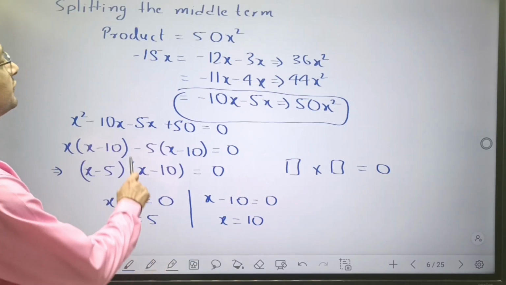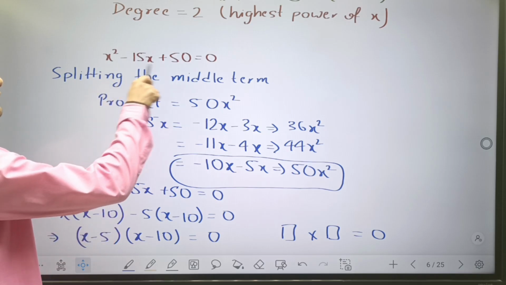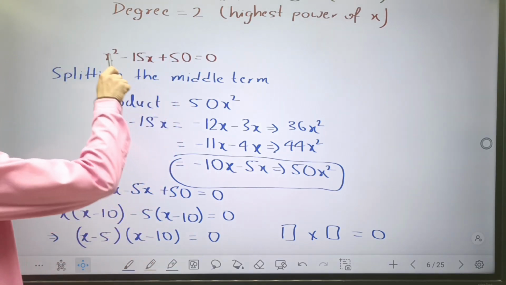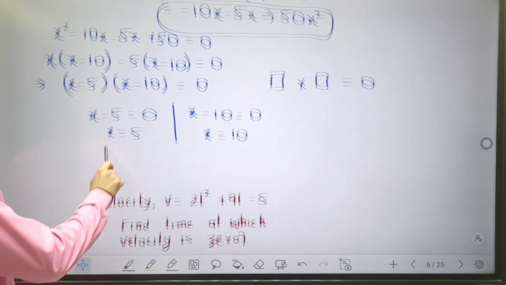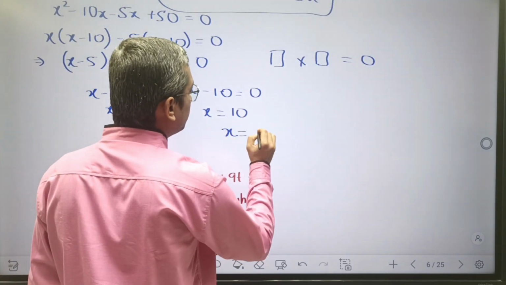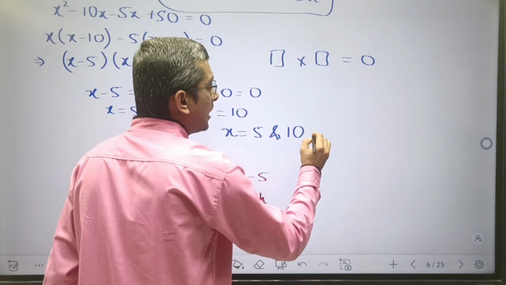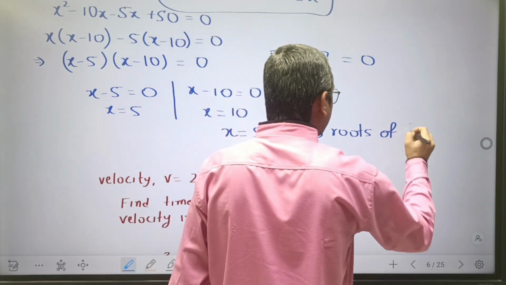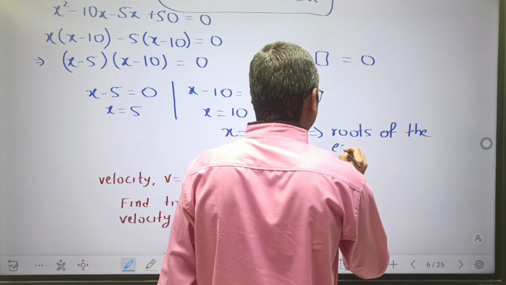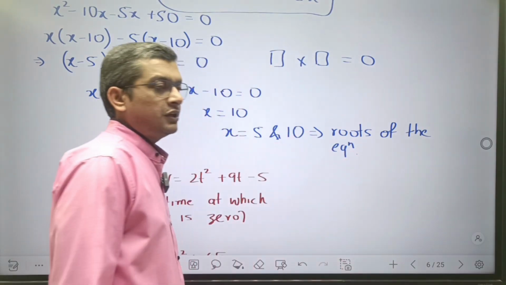What does it mean? It means that if you put the value x is equal to 5, then we get the value 0. If we put x is equal to 10, then we will also get the value 0 for the expression. So these two values, x is equal to 5 and 10, are known as roots of the quadratic equation.